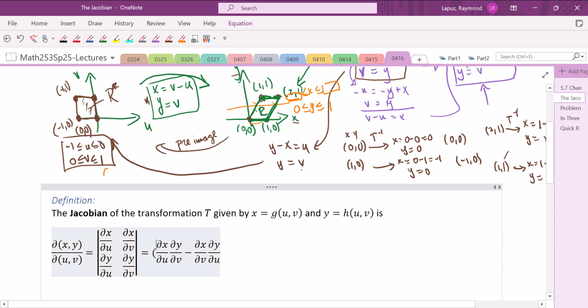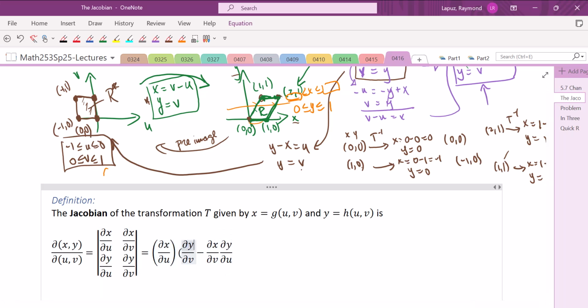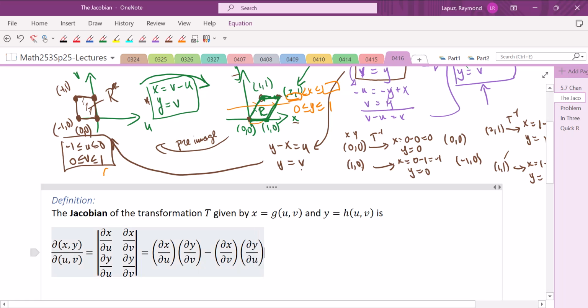Let me see if I put parentheses, if that'll be any better. It's going to be the derivative of x with respect to the first variable, and the derivative of x with respect to the second variable in the first row, and then the derivative of y with respect to the first and second variables, and then the determinant of that.